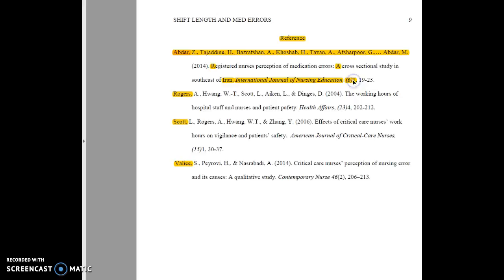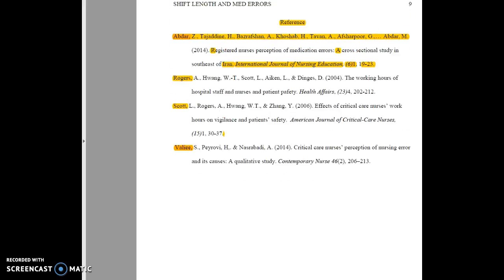The issue, if there is one, and then the page number. This particular paper example does not have the DOI number. If you have a DOI number, that would be listed right after the pages of that particular study. So again, this is the reference listing.